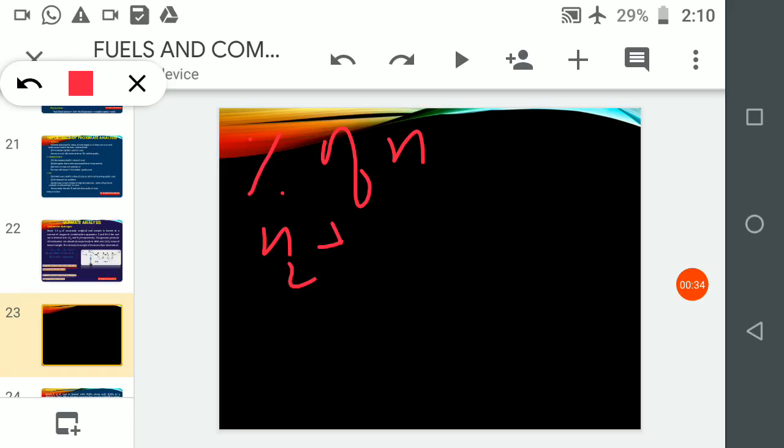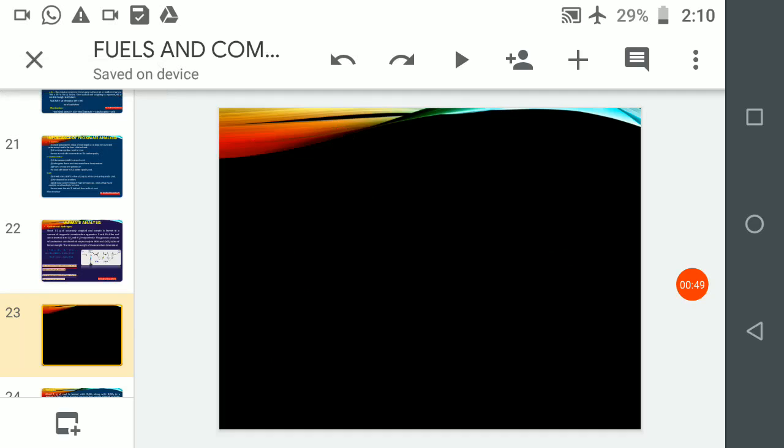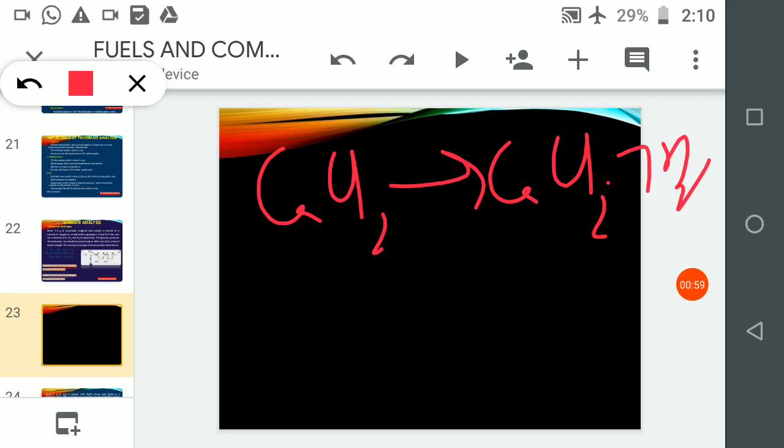H2 combines with half O2 and there is a formation of H2O, meaning 2 gram of hydrogen combines with oxygen and forms 18 gram of H2O. This is absorbed by calcium chloride. It means there is a formation or addition of H2O.